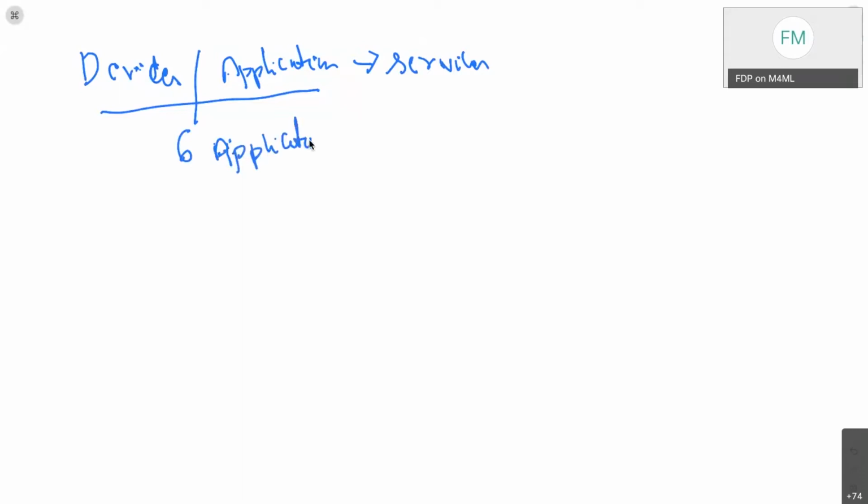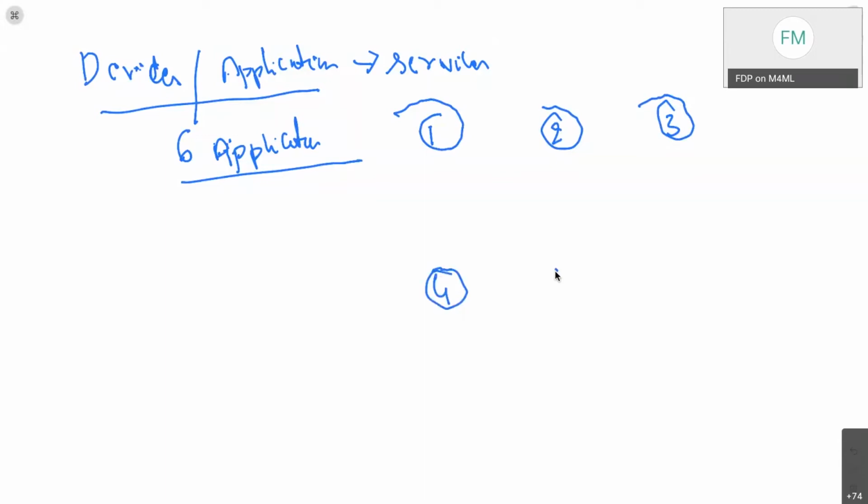I'll represent this graphically: this is application 1, application 2, application 3, application 4, application 5, and application 6.